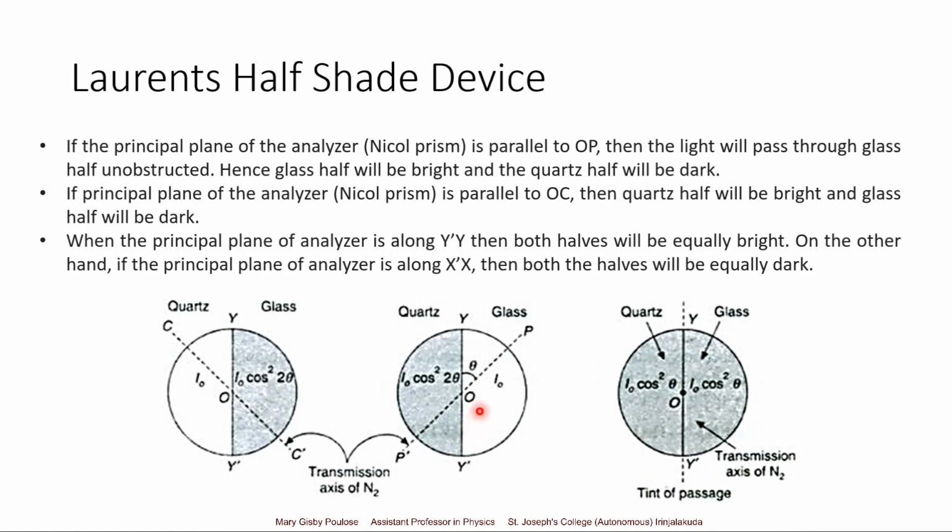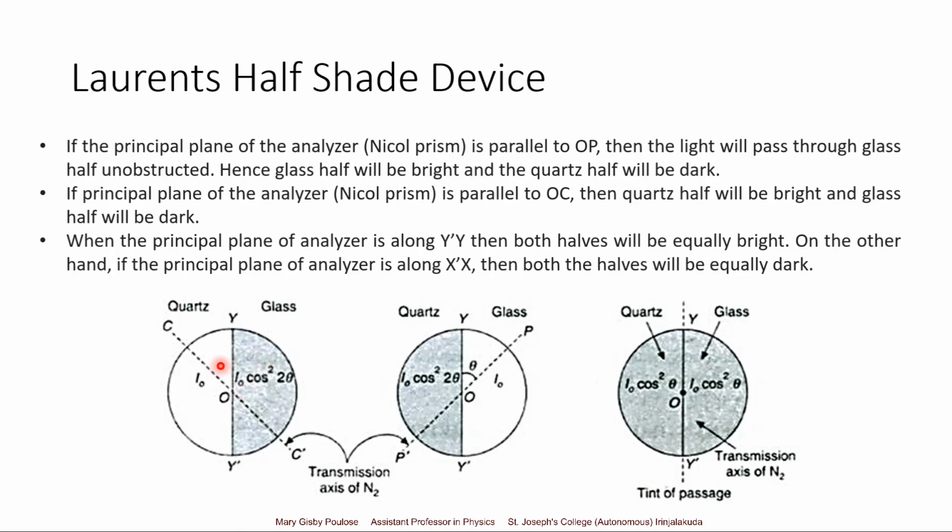Now, if the Nicol prism is rotated along this axis, CC prime, it will be parallel to OC. So the light passing through the quartz region will pass through it, whereas light emerging from the glass region, which is in the direction OP, will not be able to pass through the Nicol prism, and hence it will be dark here and bright here.